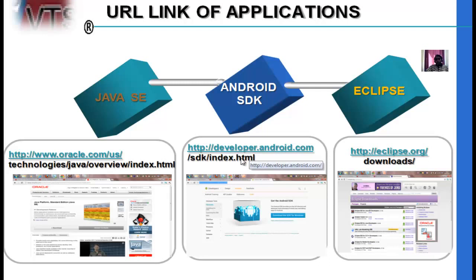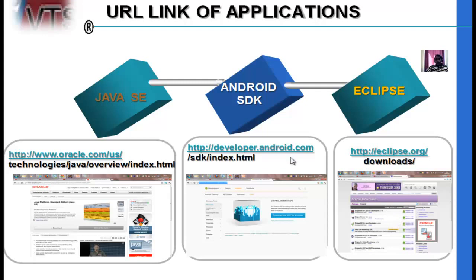You have to hit this link, then you can download these applications. And third is Eclipse. You have to download this application under this URL, and when you hit on this URL, you will get a pop-up applet in front of your desktop or your computer.